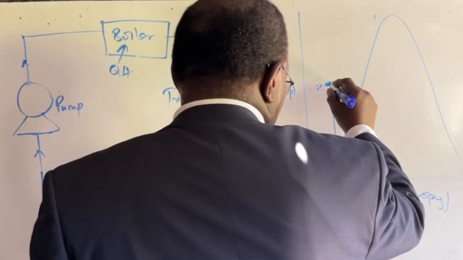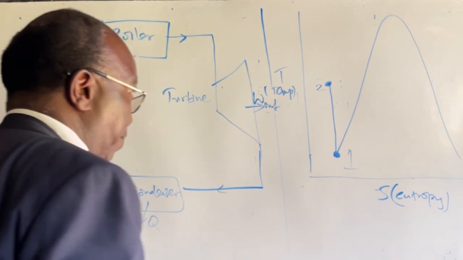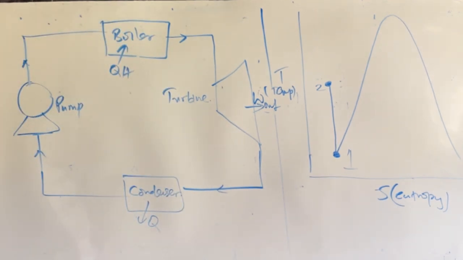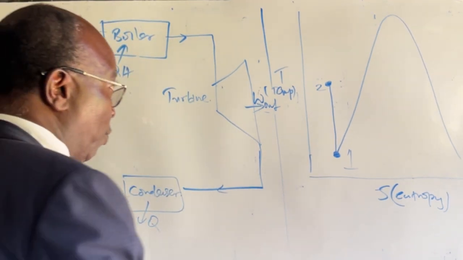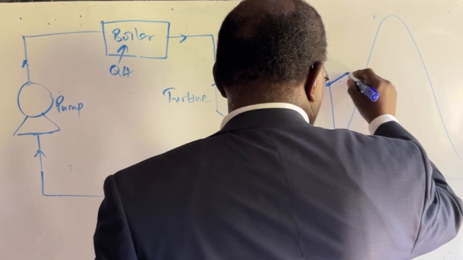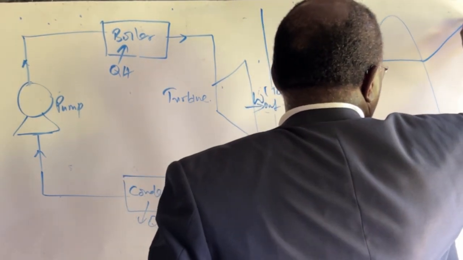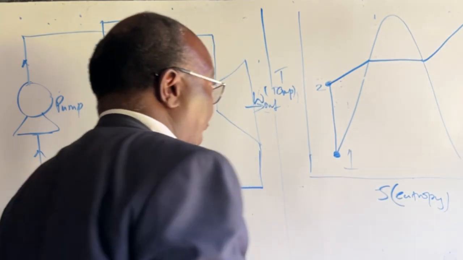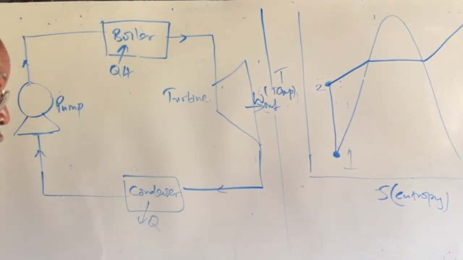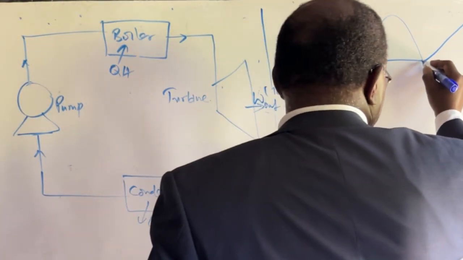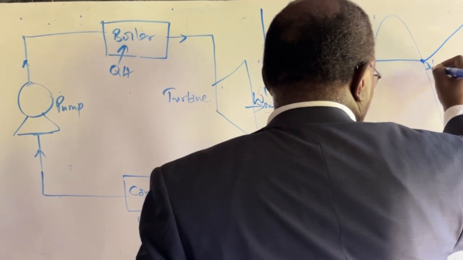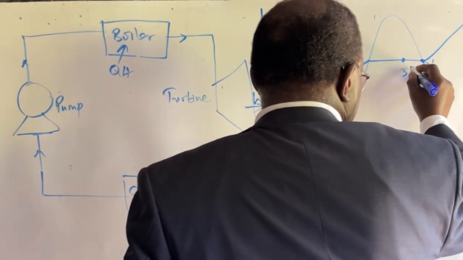And of course now, the pump pumps this water, which is at high pressure, and we can form a superheated steam at state point 3. Or we can have this at state point 3 prime or 3 double prime.